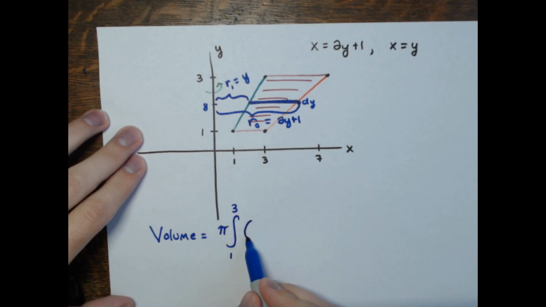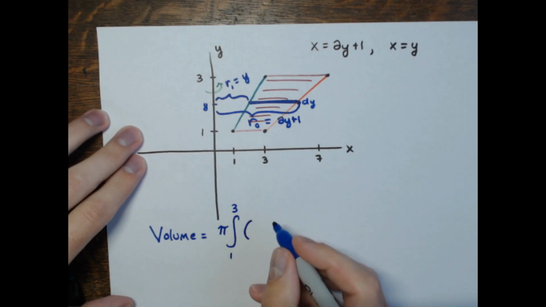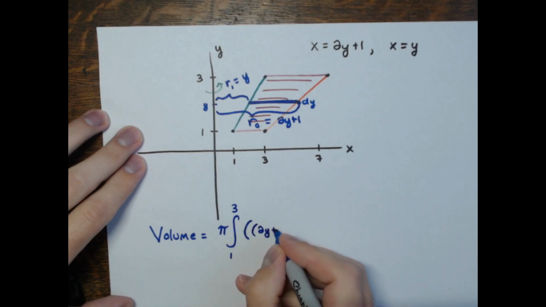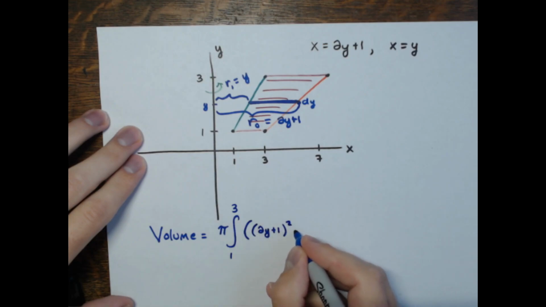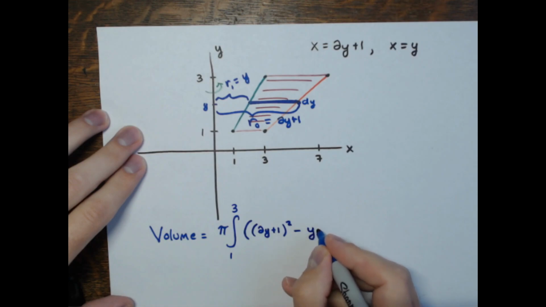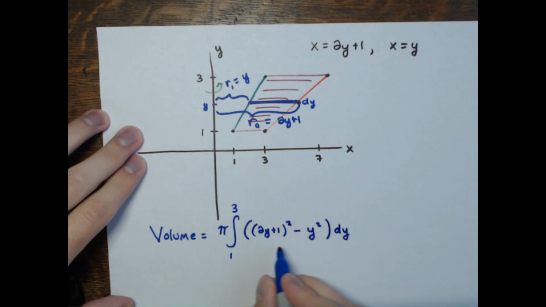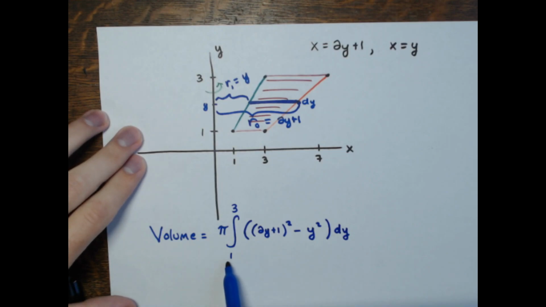Pi times your outer radius squared minus the inner radius squared, which is just y squared, and then times your thickness, dy. This pi times this is the volume of one washer, and we're adding them all up from 1 to 3.